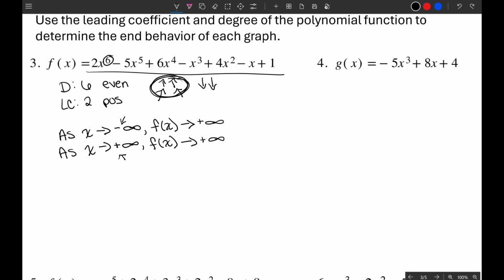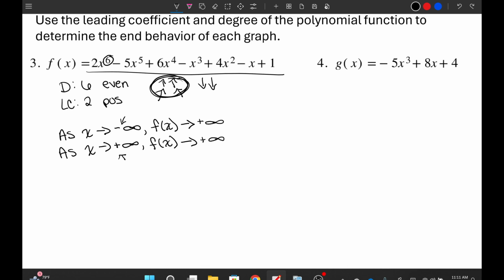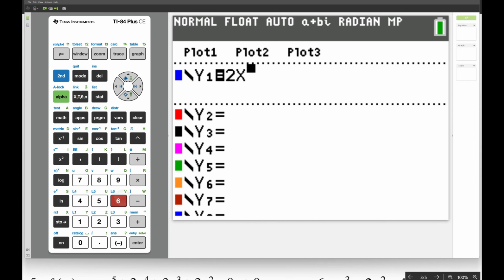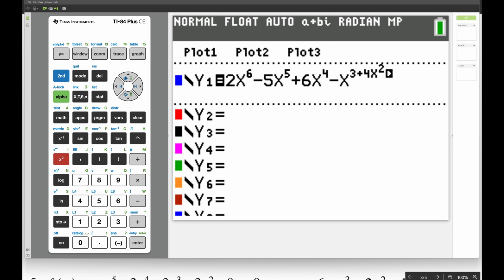And we can actually demonstrate this by graphing. So let's say that we graph this. We have 2x to the 6th minus 5x to the 5th plus 6x to the 4th minus x to the third plus 4x squared minus x plus 1.